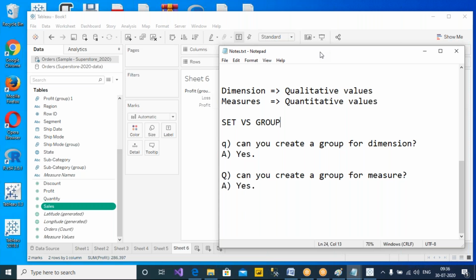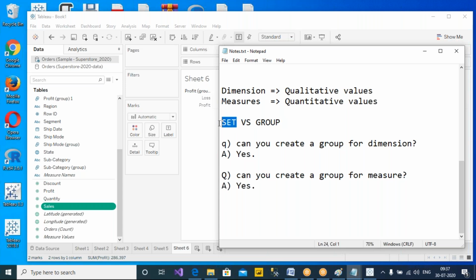We use sets for comparison purposes, and we use groups just to analyze what is happening in that, like how much sales you got in that. It is definitely not needed for comparison purposes, and this is only used for analyzing how many values you got for that group.